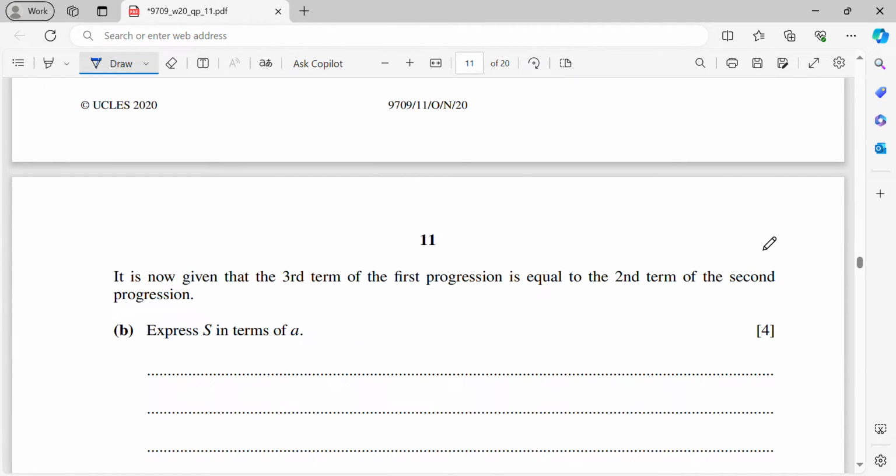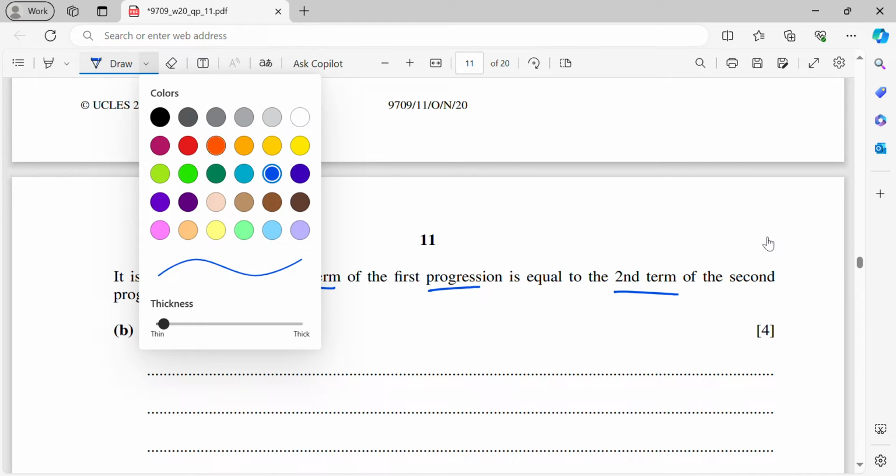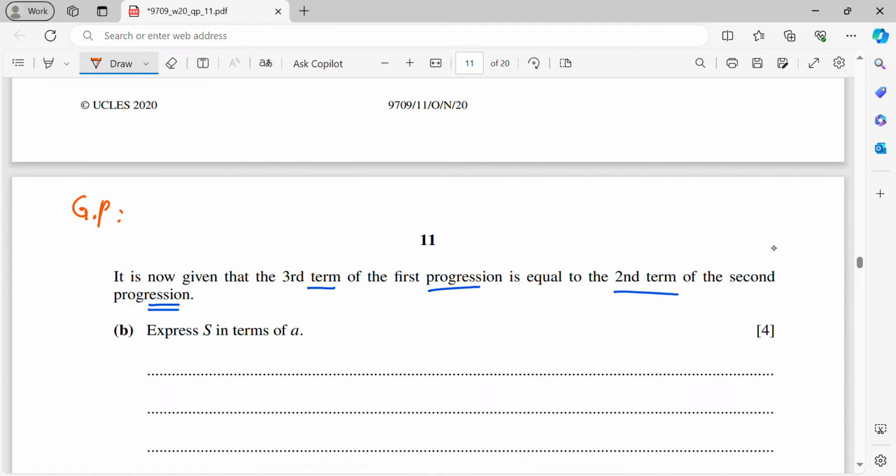Okay, now next question. It is now given that the third term of the first progression is equal to the second term of the second progression. For your information, if it is a geometric progression, the nth term is A r to the n minus 1. So remember the first geometric progression.